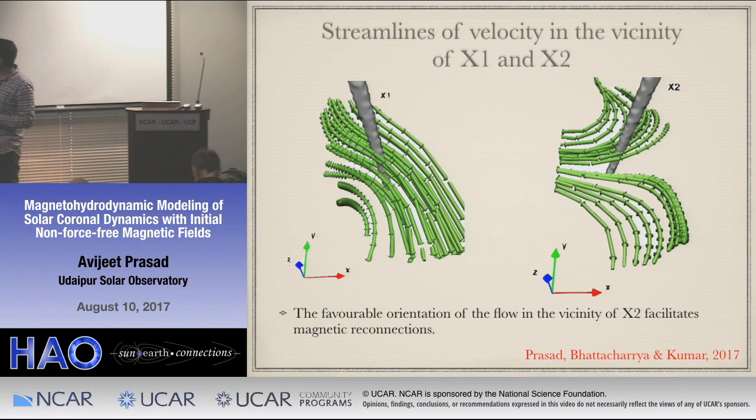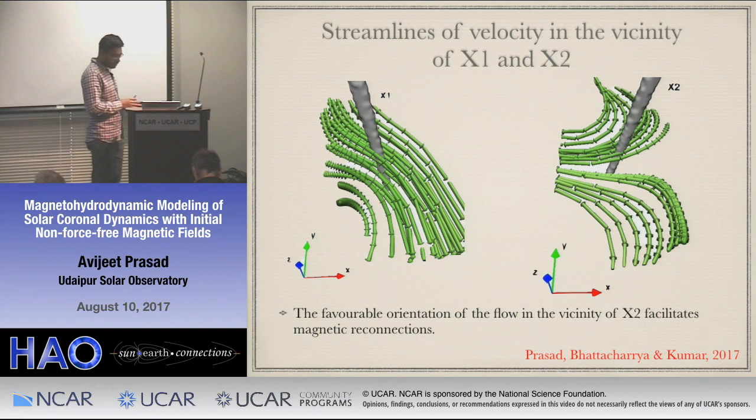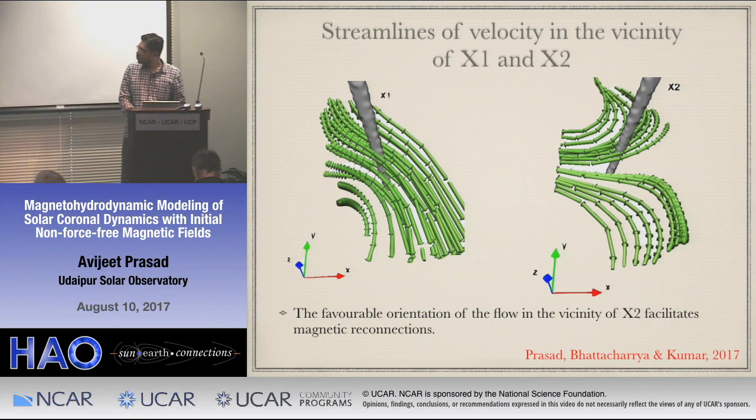Whereas at the x2 null line, we see that it is pulling oppositely directed field lines very close to each other. This is a very favorable condition for magnetic reconnection. Hence all the reconnections are taking place at this x2 null line and not the other one, which gives an asymmetric nature to the flow.